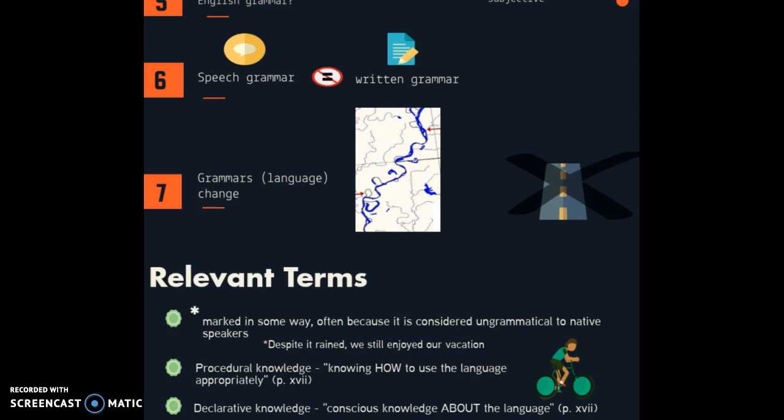It's not a road that's straight and always goes the same exact way and that we can always count on. But over time, what is grammatical might become ungrammatical, and what is ungrammatical might be considered grammatical. So again, this is why a linguistic perspective of talking about patterns rather than strict rules may be useful.